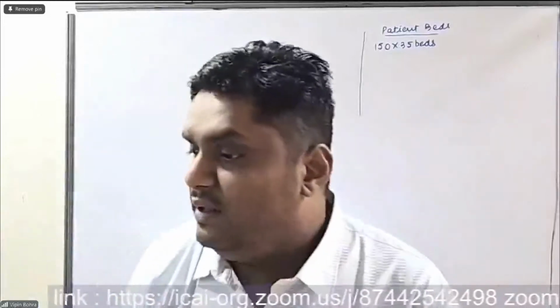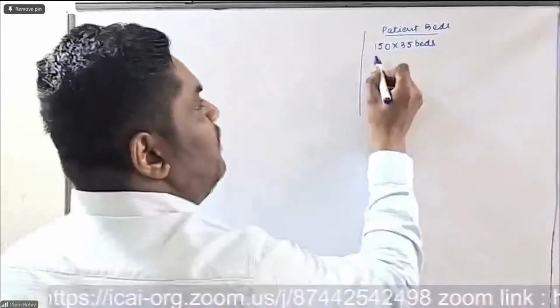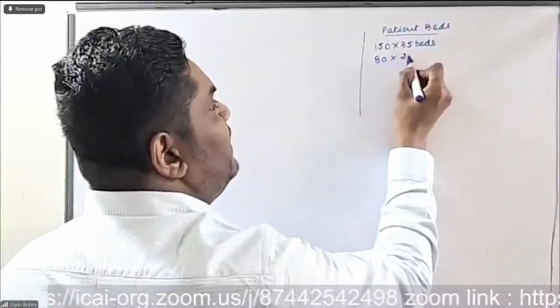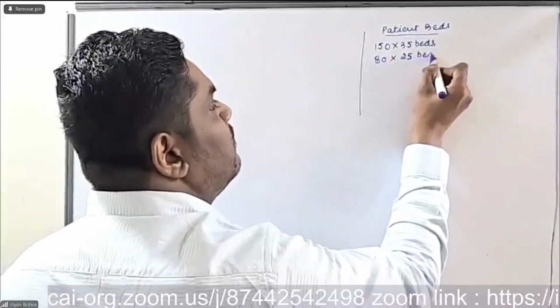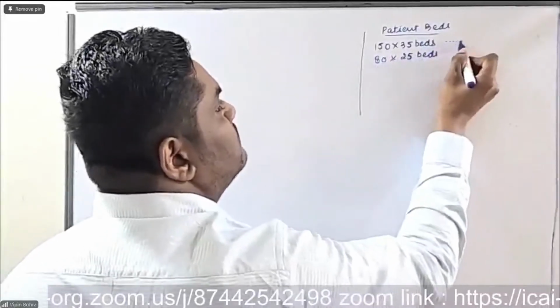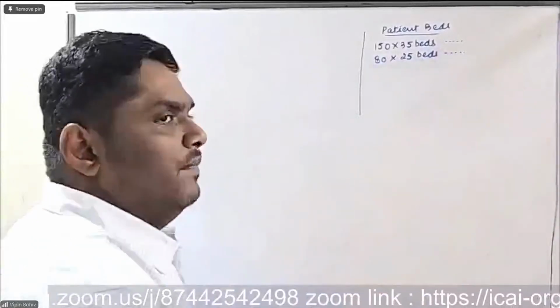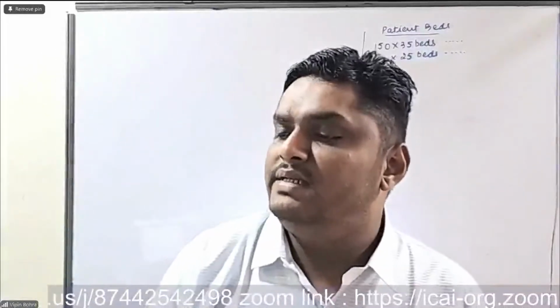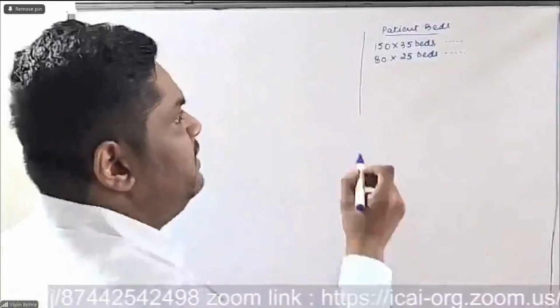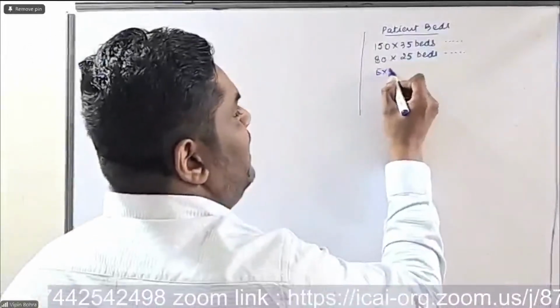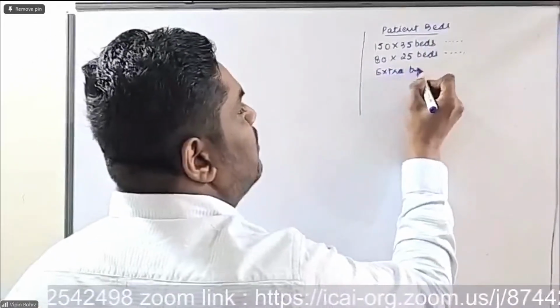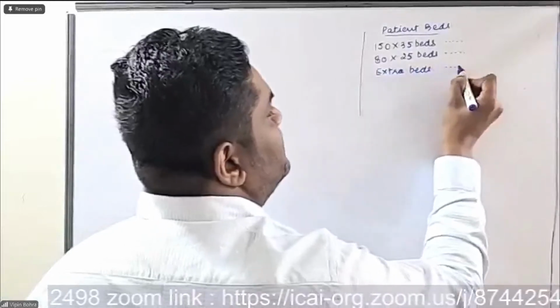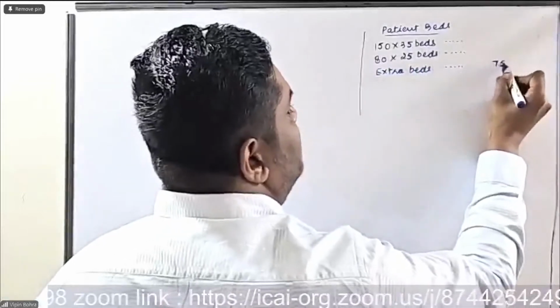Further, it is given that for 80 days, 25 beds were occupied. Further, it is given that the hospital hired 750 beds extra at a charge of 100 per bed. So apart from these, they have hired extra beds. That is 750 extra beds.